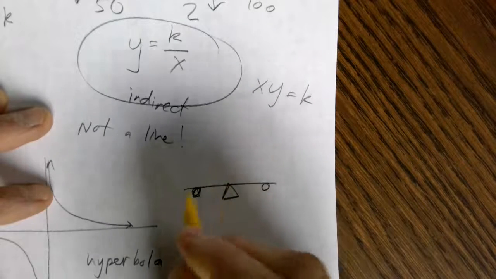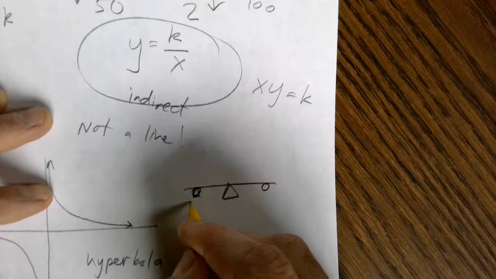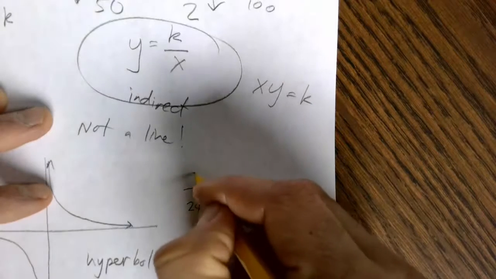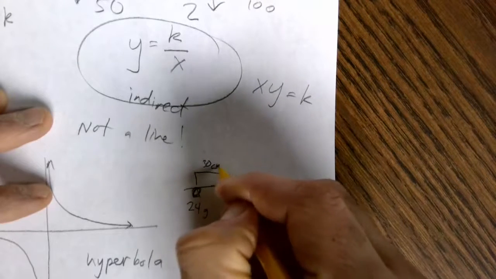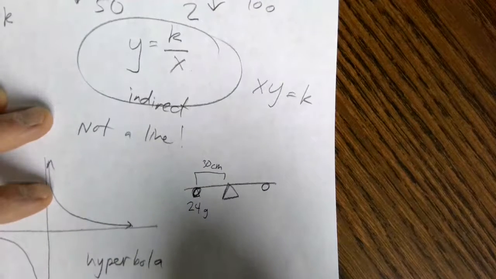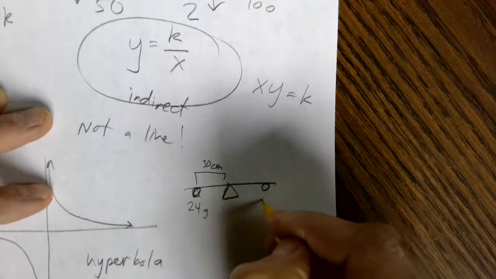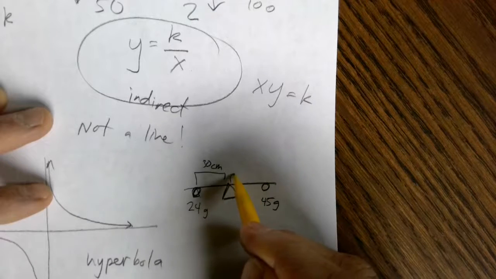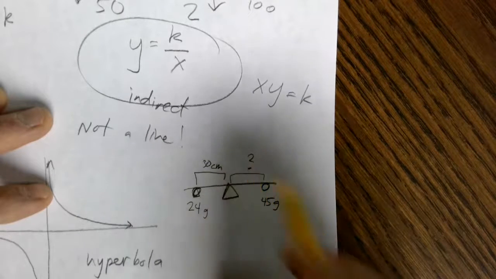Okay, now if this thing weighs 24 grams and it is 30 centimeters away, and this one weighs 45 grams, it's heavier, how far away does this one have to be?